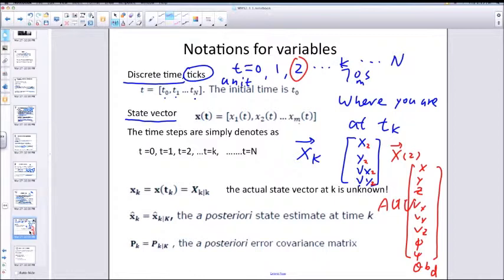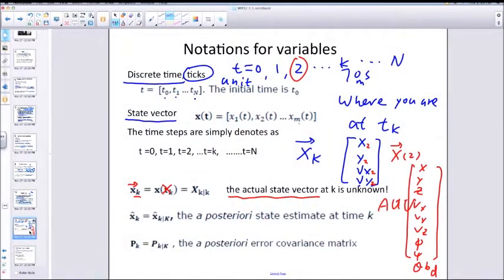Well, now the shorthand, we don't always write it this way. We just put the little k. This is a capital X, a vector, and this is the actual state vector. Well, what is the actual state vector? We don't know. In reality, all our calculations try to estimate that.